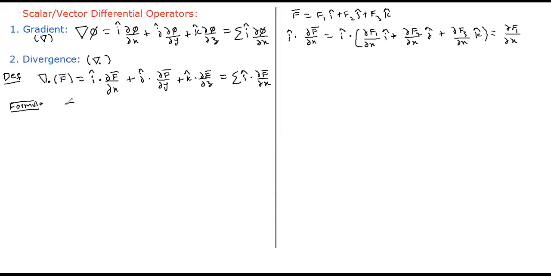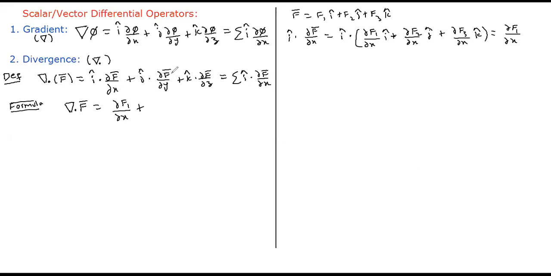So what is del dot f bar? First term, i bar dot dou f bar by dou x, is giving dou f1 by dou x. What it says is: take the first component of the vector, differentiate with respect to x, plus. Can you tell me what the second component gives?